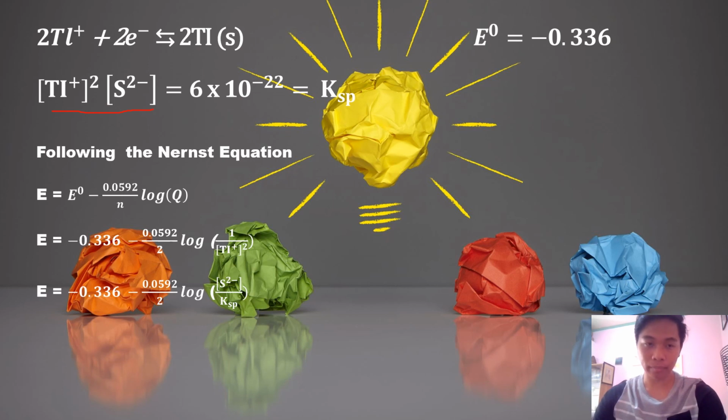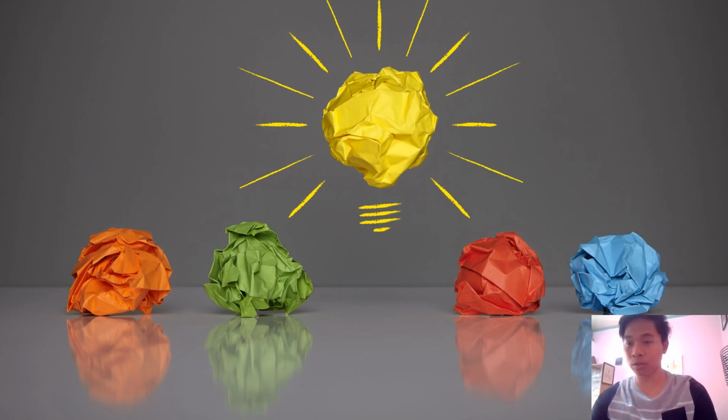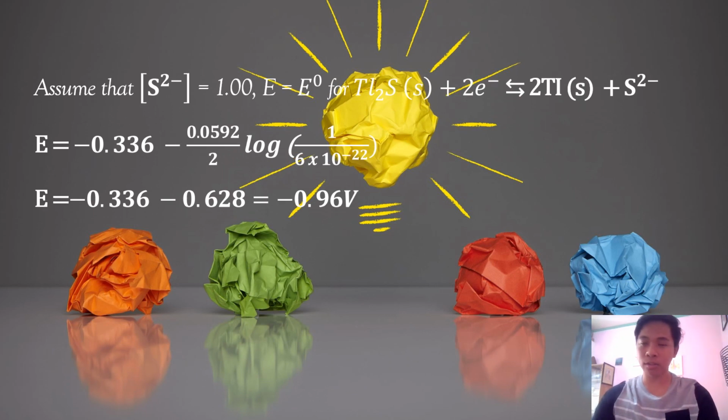Now, assuming that sulfate 2 minus is equal to 1, we can say that E is equal to the E standard cell potential of the given process.